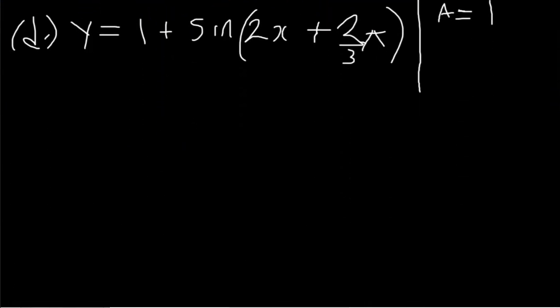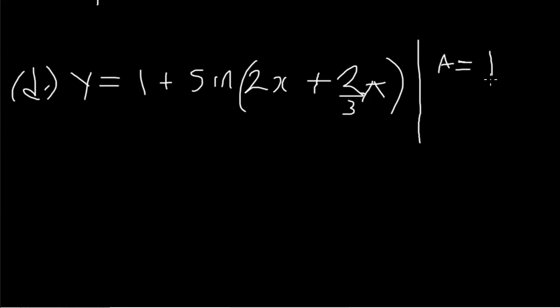So my amplitude on this one is equal to 1, and then from there let's find the period. The period is just 2 pi over the coefficient of x here, 2 pi over b, and the coefficient of x is 2. So our period is pi. So it takes pi units for this curve to finish one cycle.